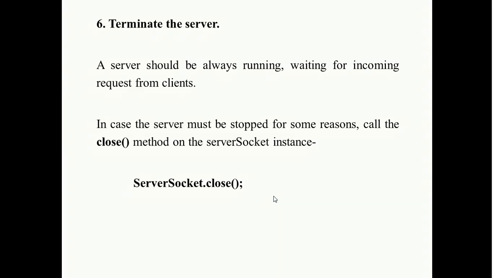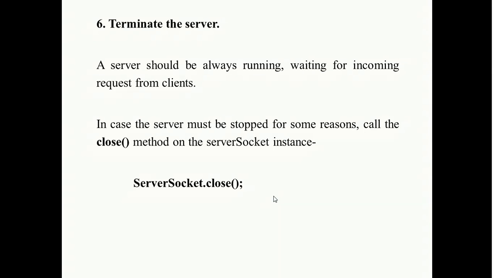So in total there are 6 steps used to create a connection between the server and the client. First, create an object of the ServerSocket class and bind it to a specific port number.